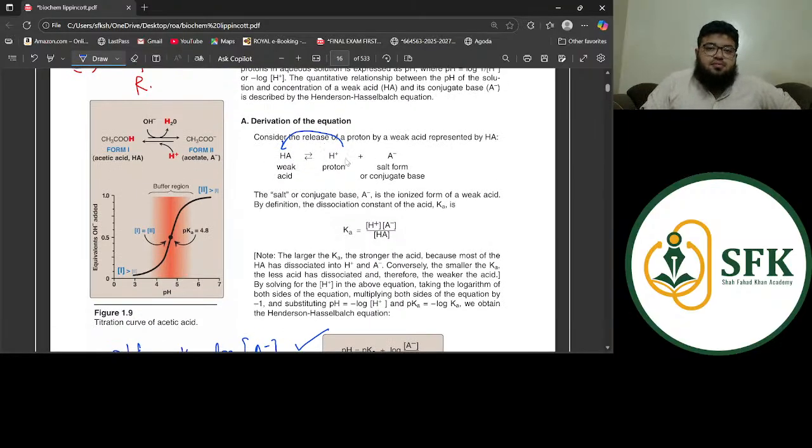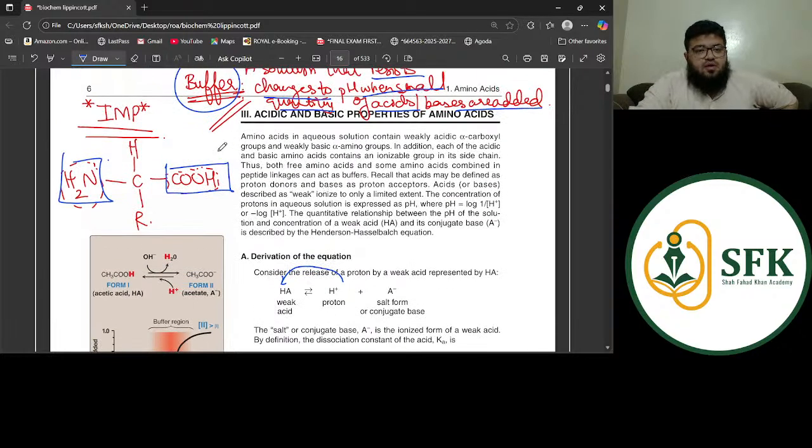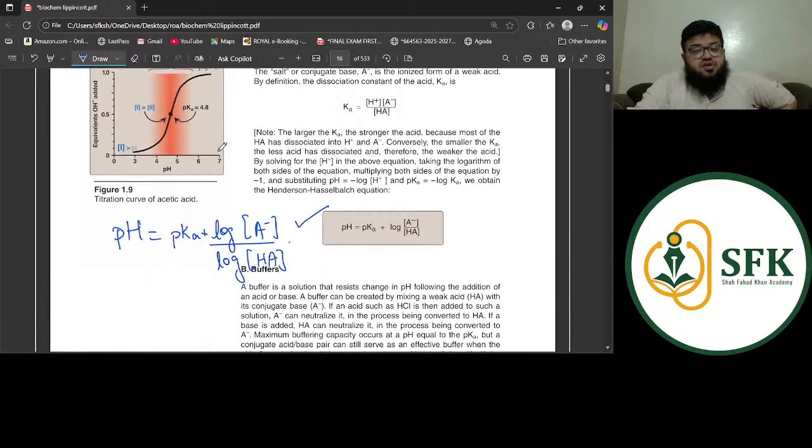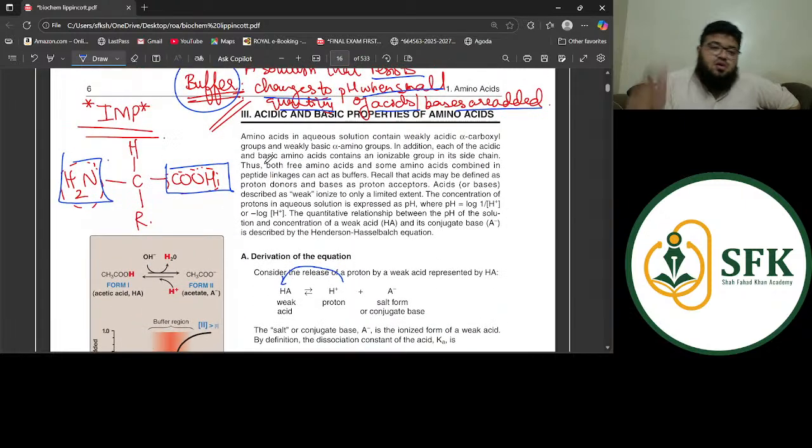So for example, if H positive ion concentration increases in the solution, the amino group is going to react with it. It's going to use up all the H positive and it's going to shift the equilibrium to the left hand side. If the H positive ion concentration decreases in solution, then the equilibrium is going to shift to the right hand side to bring the H positive ion concentration back to normal.